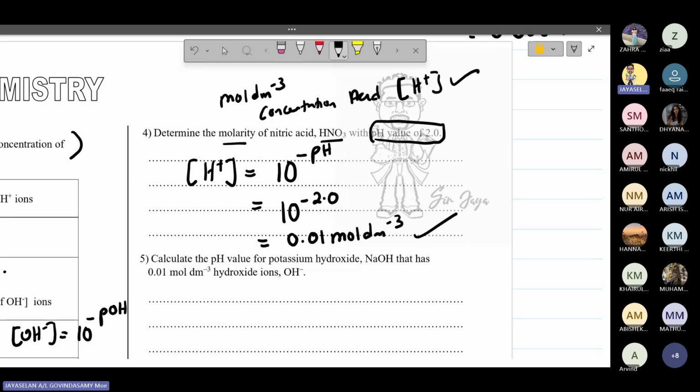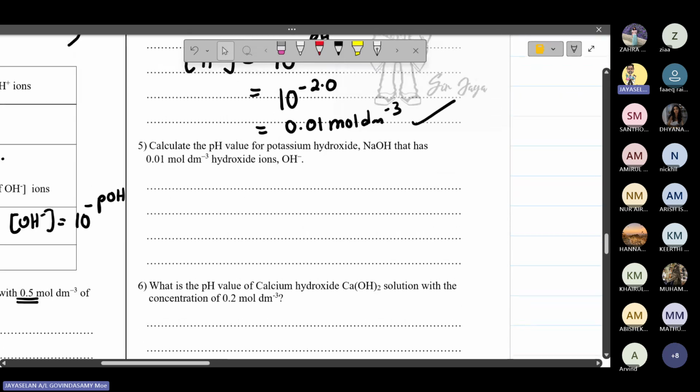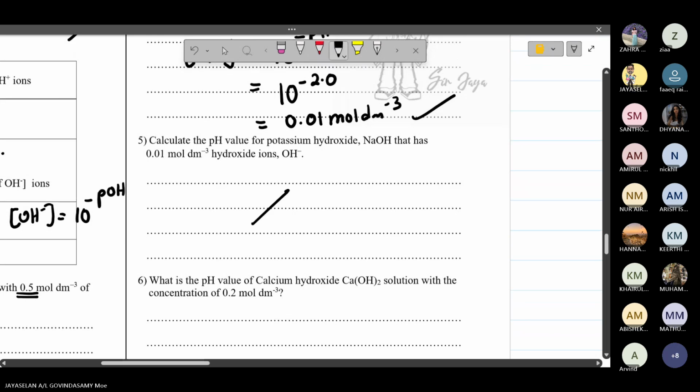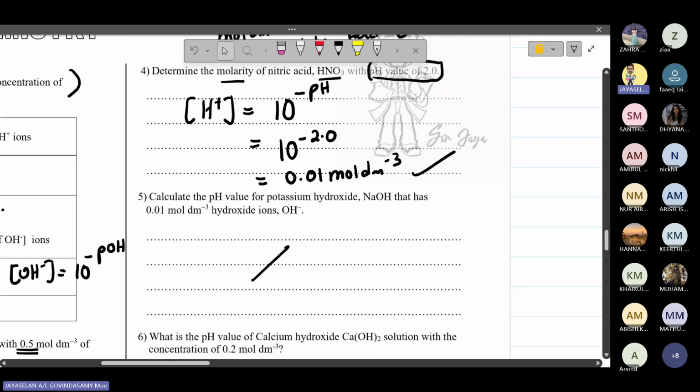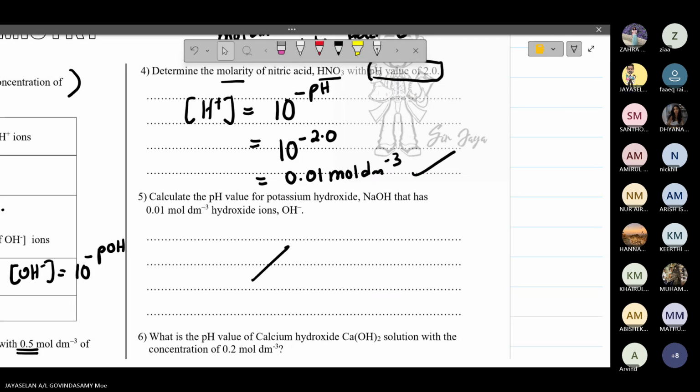Can? All of you can? Okay. So I give you 1 minute to answer this question. Arvind, my answer correct? 0.01. If 10 negative 1 is 0.1, then 10 negative 2 is 0.01.